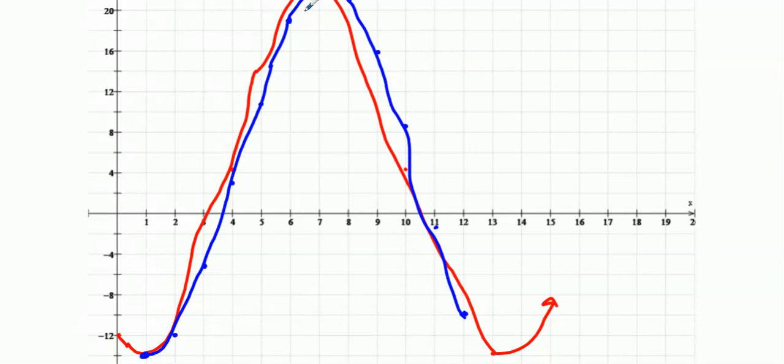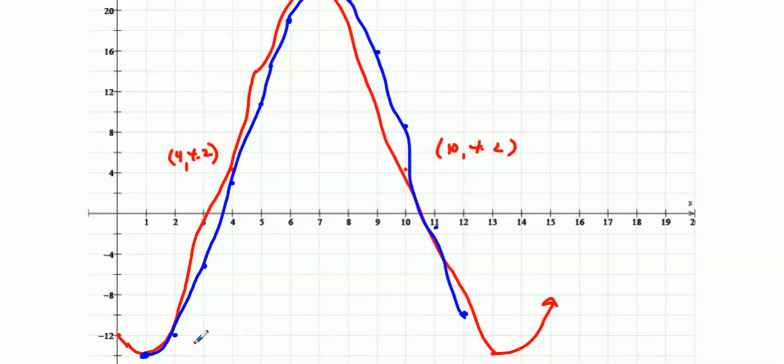So now I'm going to maybe choose a few points to label on my red graph, 5 to be precise. So this is 4 and 4.2, and this is 10 and 4.2.